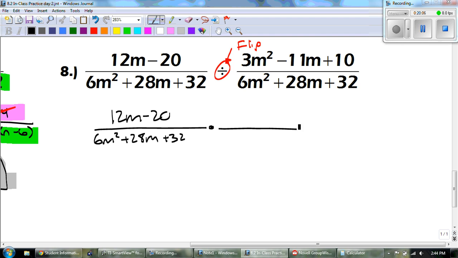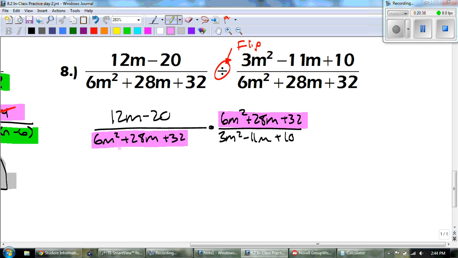Now the 6m squared plus 28m plus 32 is on the top, and the 3m squared minus 11m plus 10 is on the bottom. Before you start trying to break everything down, remember, if things are 100% the same, we can cancel them out. My 6m squared plus 28m plus 32 is the exact same thing, so I can cancel those out. Let's make this easier for us.